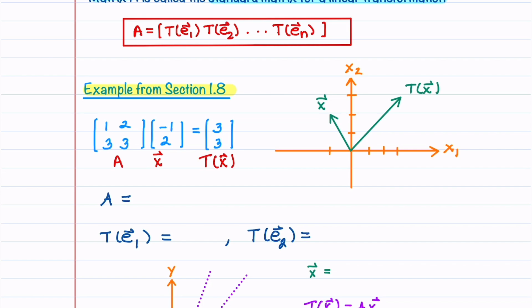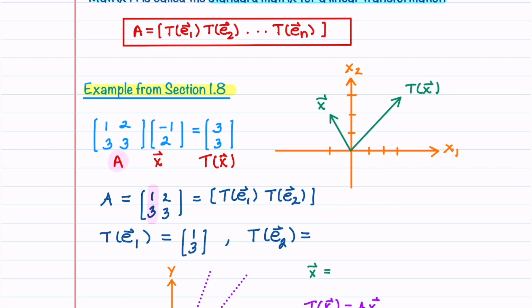This transformation happened because we multiplied x by matrix A. Our matrix A was the matrix [1, 2; 3, 3], and we now know that that's equal to T of e1 and T of e2. T of e1 is the vector (1, 3), and T of e2 is the vector (2, 3).